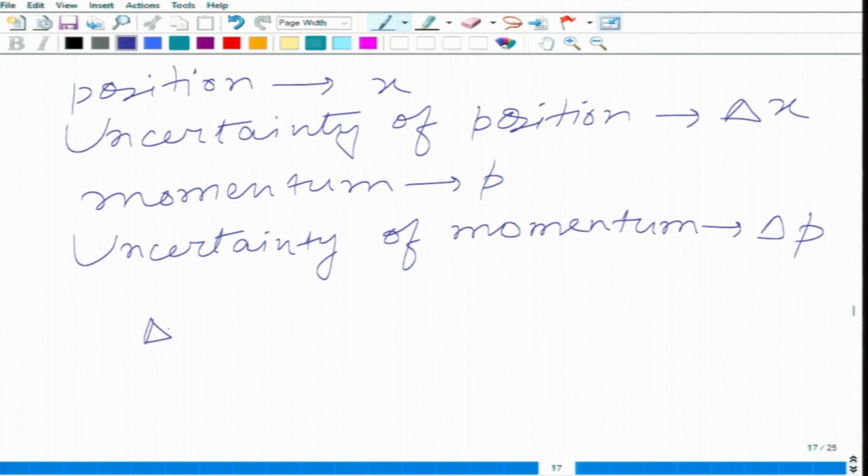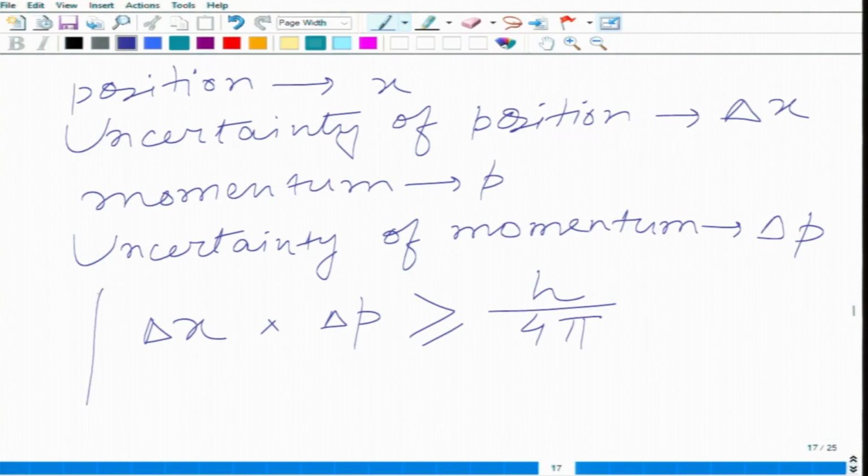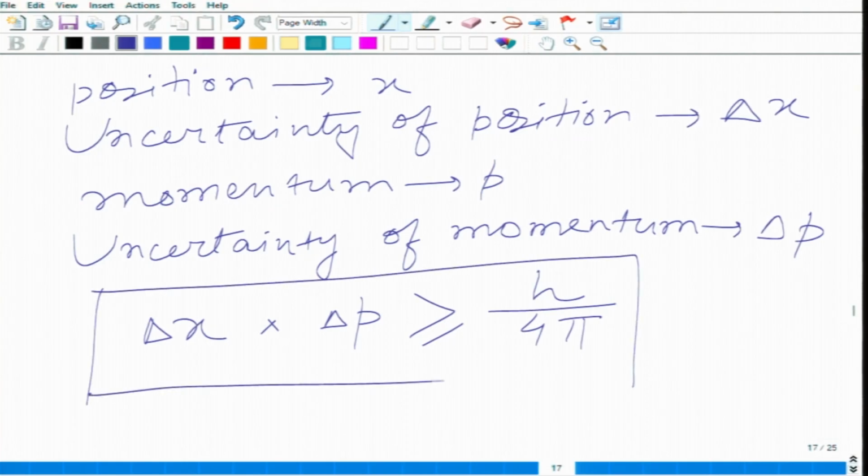Therefore, Heisenberg proposed this equation that the product of uncertainties of position and momentum is greater than or equal to h by 4 pi. And in this equation, uncertainty was considered in terms of magnitude. This was the statement of Heisenberg's uncertainty principle. In the next lecture, we will study about its significance. Thank you.